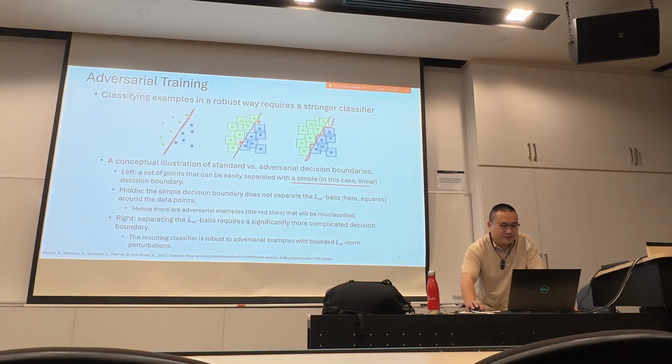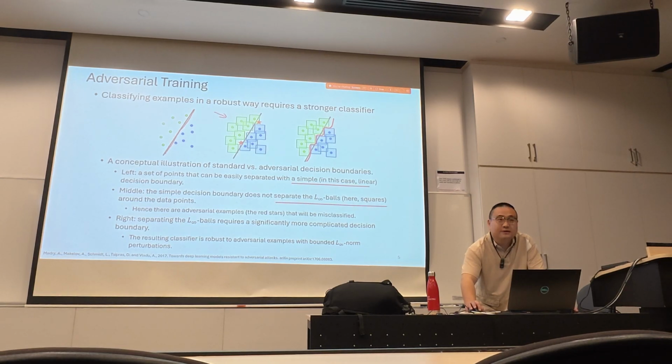robust, because we can generate some adversarial examples, as shown in the figure in the middle. Here we generate the L infinity adversarial examples. L infinity can be seen as a square around the clean input. The clean input is the dot here, and when we generate adversarial examples, we can end up with any position inside the square.